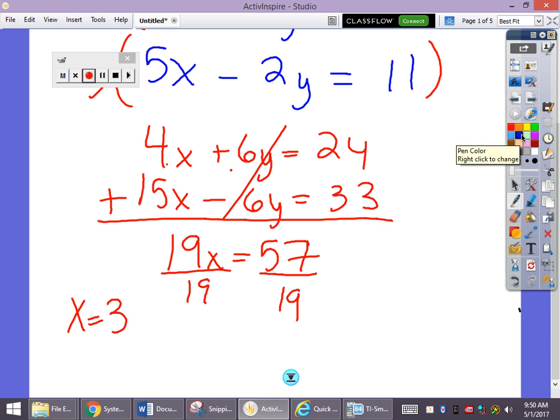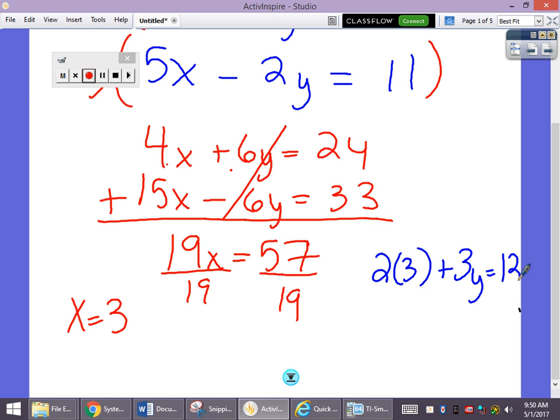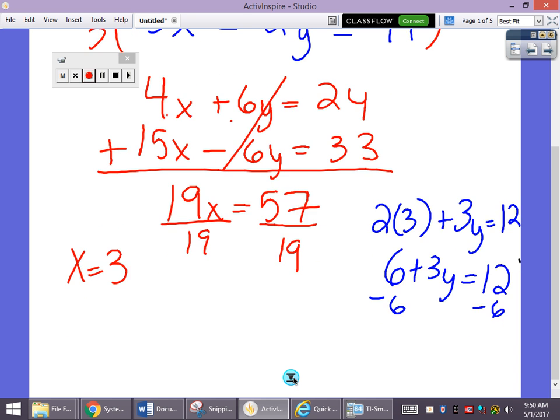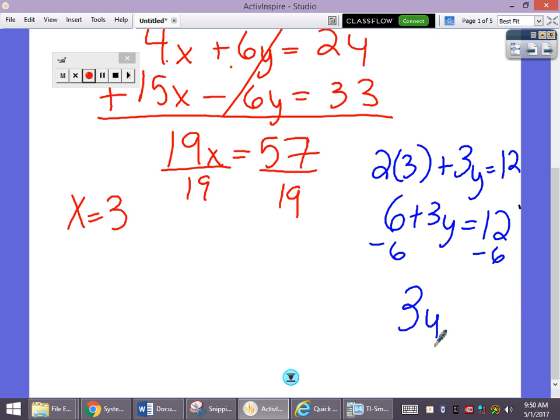So that is 2 times 3 plus 3y equals 12. Okay, so 6 plus 3y equals 12. Subtract 6 from both sides. 3y equals 6.